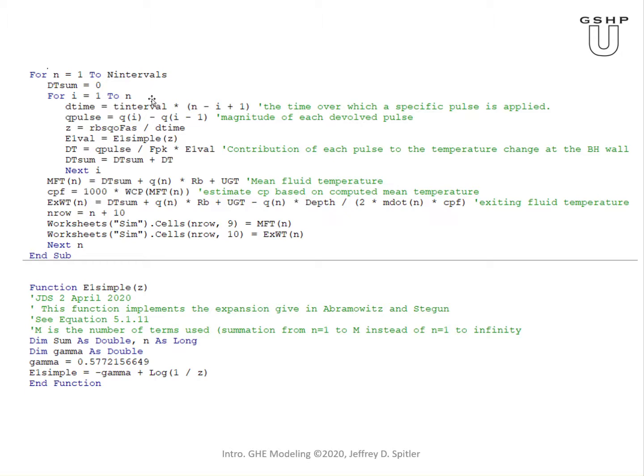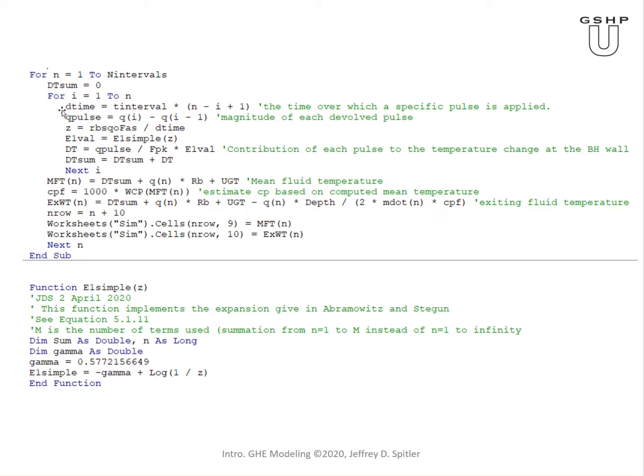I'm just summing up for every interval, for every time that we want to estimate at, we have to superimpose all the pulses before that. So that's what this loop is doing. The outer loop does each interval. The inner loop sums up all the past history effects.